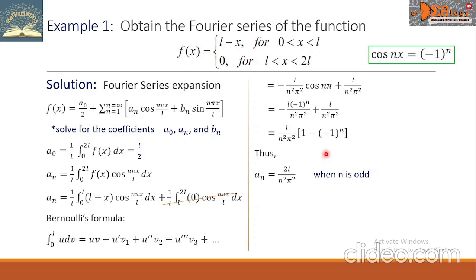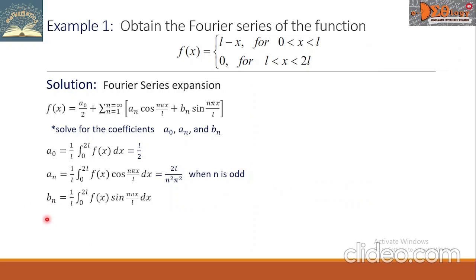Analyzing this, we can see that a sub n is equal to 2L over n squared pi squared when n is odd. Also, a sub n equals 0 when n is even. We're going to use this value of a sub n. We will write it here, but we will take note that this is the value of a sub n when n is odd.